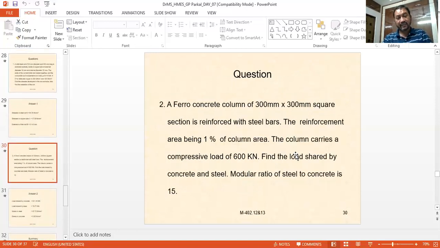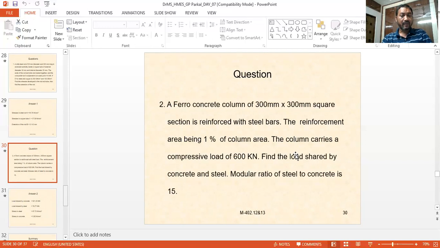The second question is also given. Here, a ferroconcrete column of 300 square cross section is reinforced with steel bars. The reinforcement area is 1% of the column area.